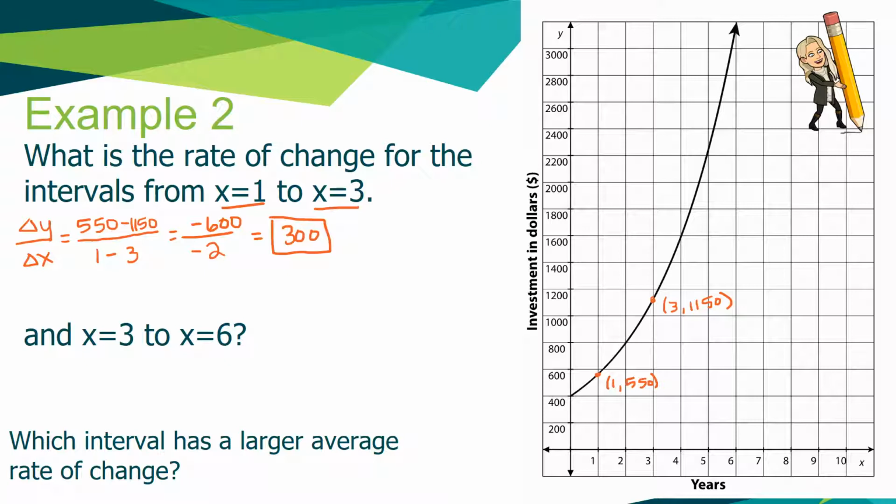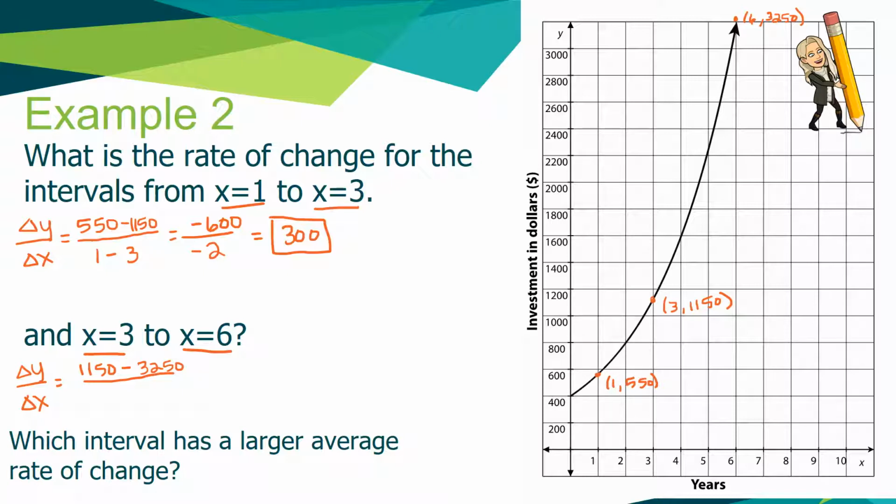So let's try then the interval x equals 3 to x equals 6. We don't quite have that 6 yet, so if I draw that 6 dot up here, it's a little bit off our graph. Again, I'm just going to guess that it's going to be 3,250. Now, again, we're going to use that formula, change in y over change in x. If I start at my start point of 3, I get 1,150. I'm going to subtract 3,250 because that's my endpoint.